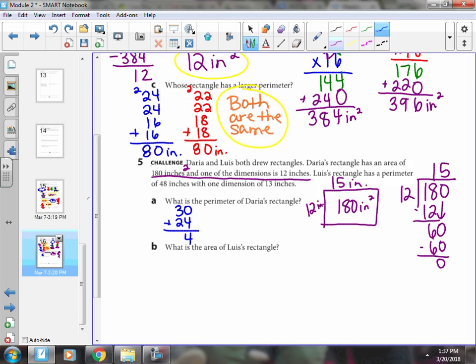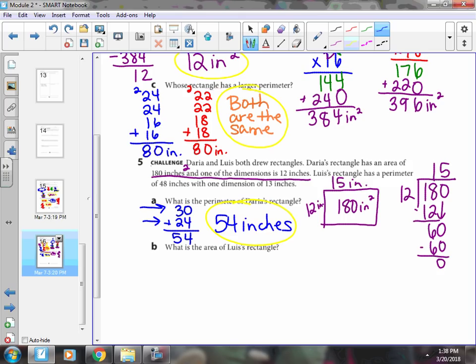All together, that's 54 inches. I did it a little bit faster because I knew that 15 plus 15 was 30, and 12 plus 12 was 24, so I added them together like that. 54, just plain inches. Say plain perimeter.